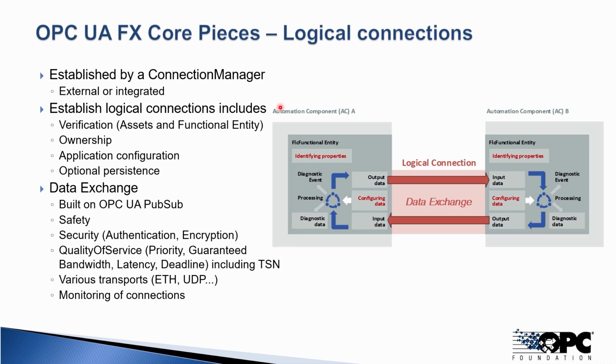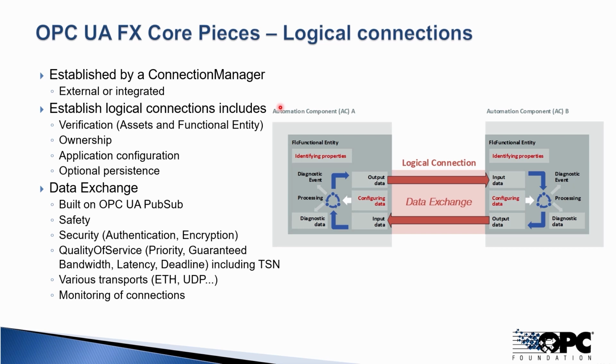A logical connection is built to exchange data. Currently, we are building the data exchange on top of OPC UA PubSub, which is covered in the base specification part 14. We allow to exchange normal data and safety data. We allow to secure the data, like to authenticate it or to encrypt it. We support quality of service, like priority up to deadline, including a mapping to time-sensitive networks.